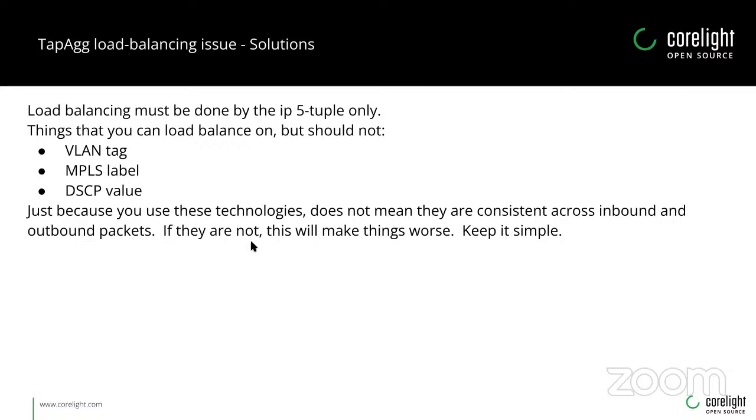And one example where we saw this was a network that used MPLS. Like, they legit used MPLS for their, I think it was their internet routing. I'm not 100% sure on that. But in their TAPAG configuration, as far as load balancing, they had checked MPLS, which makes sense, right? You use MPLS, so you should tell your TAPAG to use MPLS. The problem was there was no relationship between the outbound MPLS label and the inbound MPLS label.